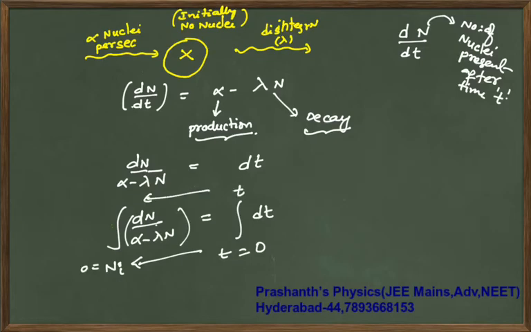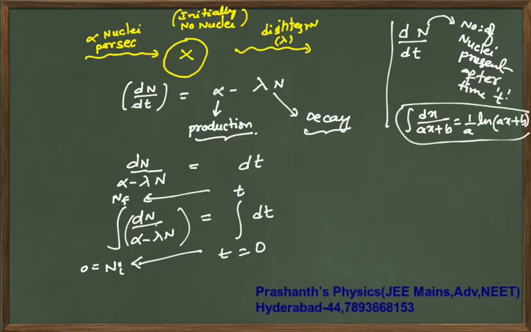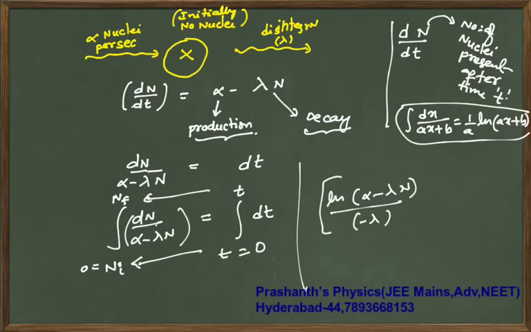After time t, if you want to know how many nuclei are there, keep it as some N final. In maths you have this formula: integral of dx by (ax plus b) is 1 by a times ln of (ax plus b). According to that, this becomes ln of (alpha minus lambda N) by minus lambda, because we are integrating with respect to N. The limits are N from 0 to N final, equal to integral of dt, which is t from 0 to t.